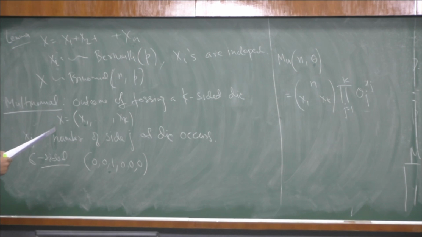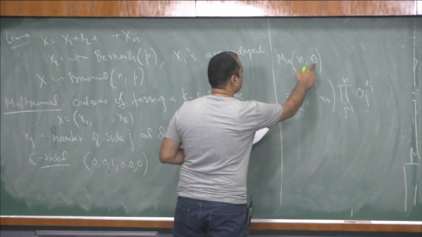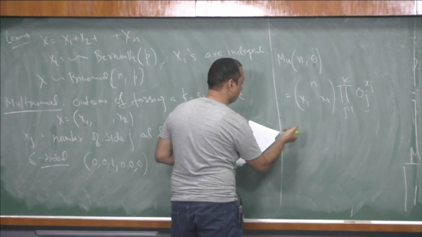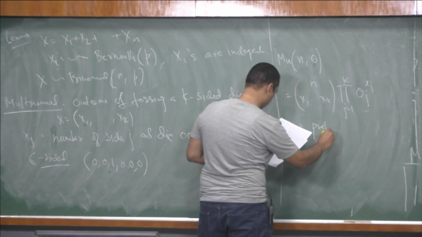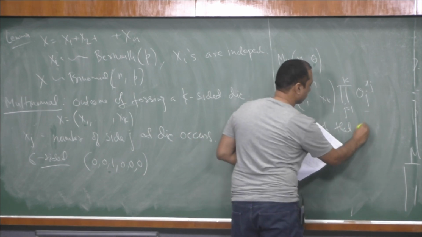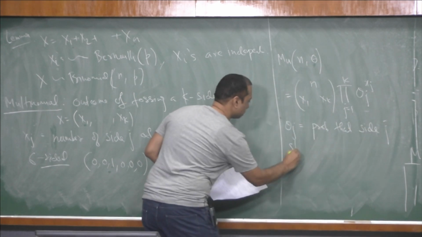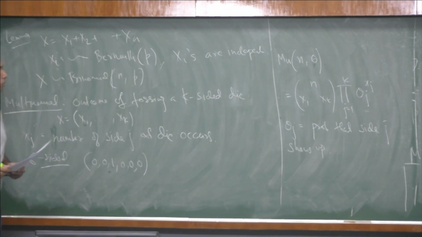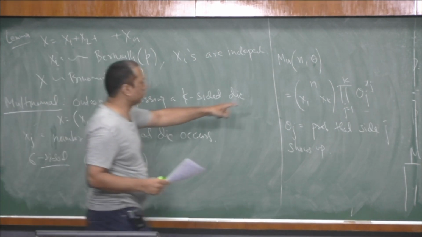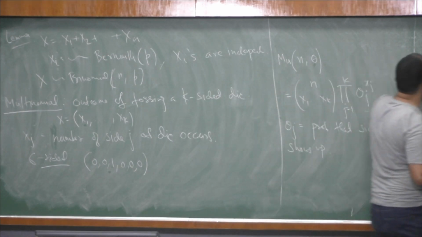Theta j, as I said, is the jth component of the vector theta, and it is the probability that side j shows up. So the multinomial distribution is an extension of the binomial distribution. It's just the notation we have to be careful about; there is nothing exceptional here. This notation is the multinomial coefficient.